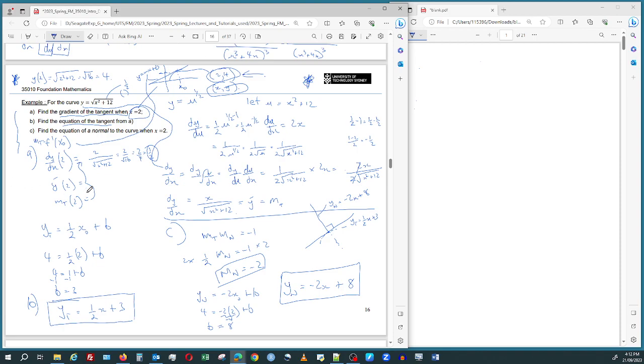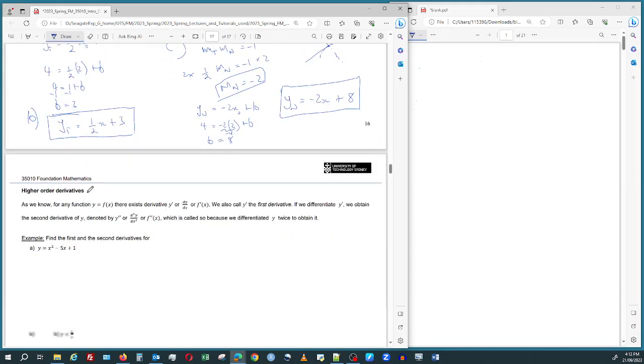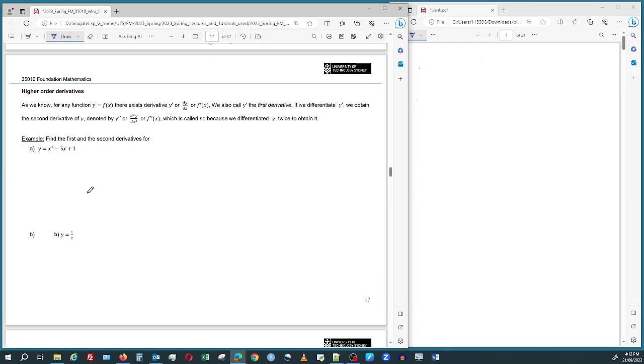Alright, so as we move forward, we can see that we've got some higher derivatives, and it just means that you keep going. The nomenclature, just look at the way they're written. Double dash. Okay, so we just keep going. So y dash is simply 2 comes out the front, minus 5.